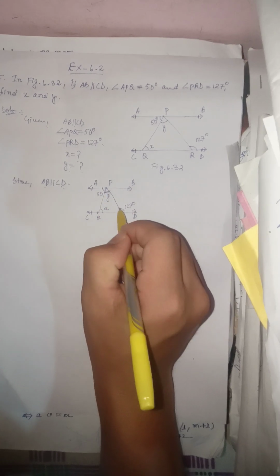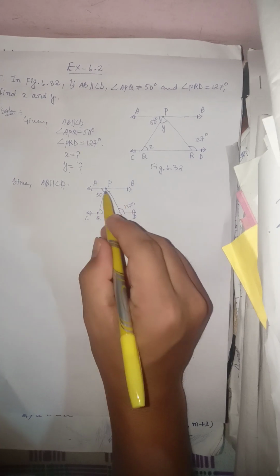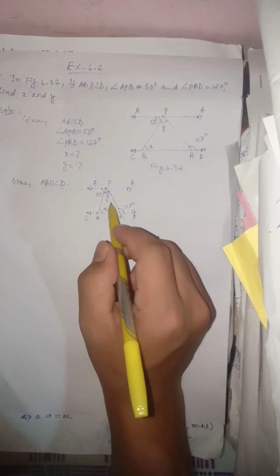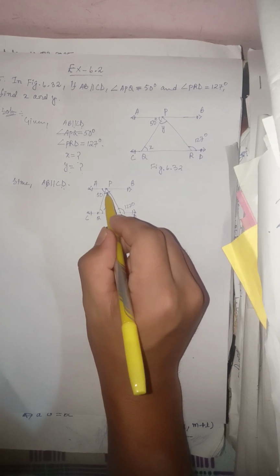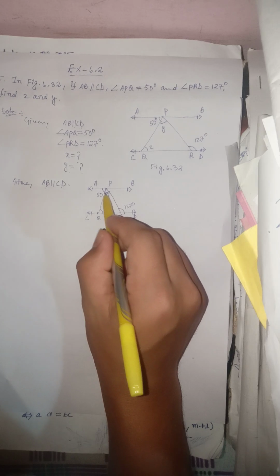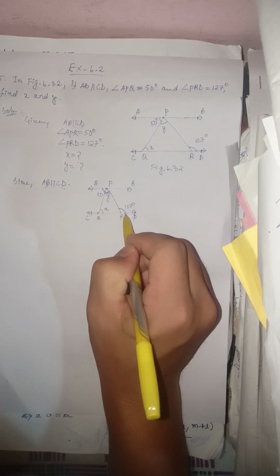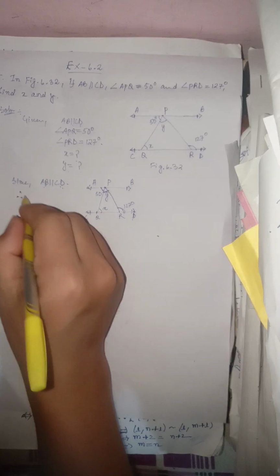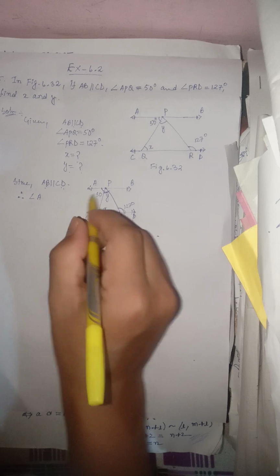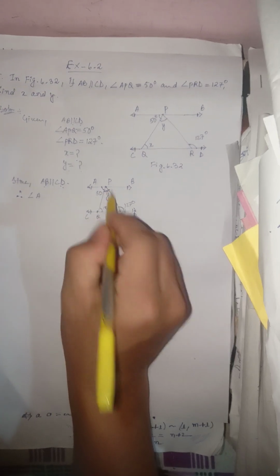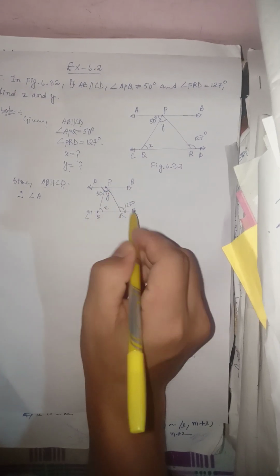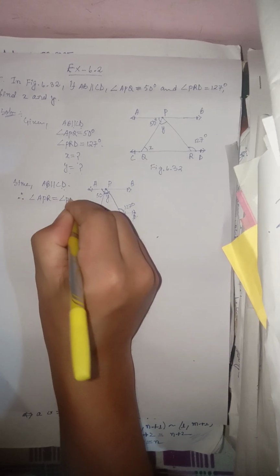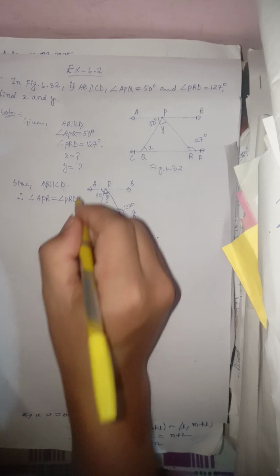Now this angle and this angle should be equal. The reason is that the two lines AB and CD are parallel to each other, and if that is the case, then the two angles, this one as well as this, must be equal, which we call alternate interior angles. Now angle APR will be equal to angle PRD.